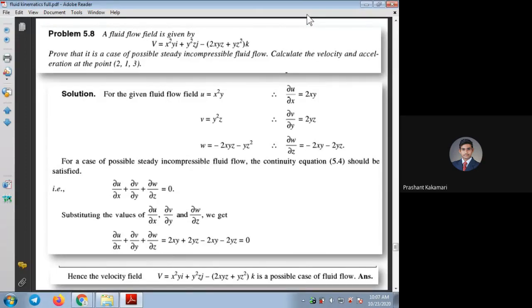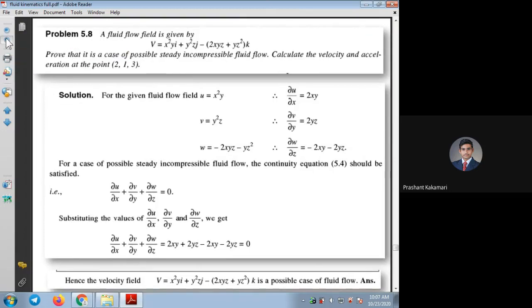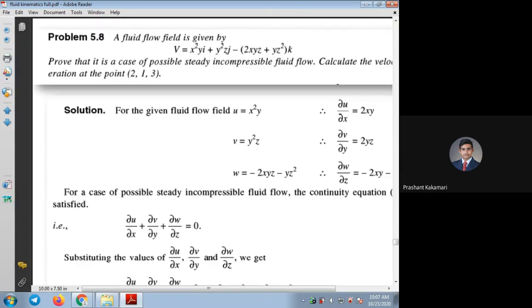A fluid flow field is given by a velocity, capital V, in the three directions, with magnitude given in vector form: x square y into i plus y square z into j minus (2xyz plus yz square) into k.